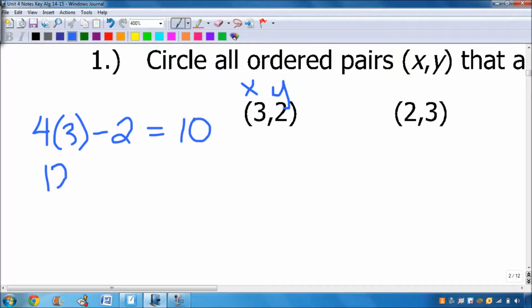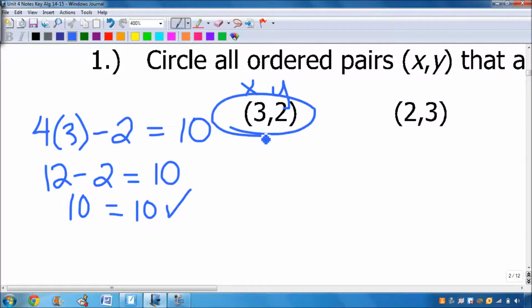So I get 12 minus 2 equals 10, and 10 equals 10. So it works. So I know for a fact that (3, 2) will fall on the line 4x minus y equals 10. I can also do this just by graphing out my lines and seeing if these will work.